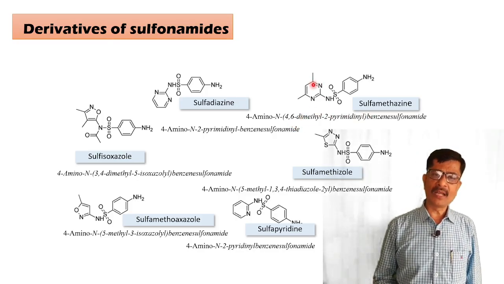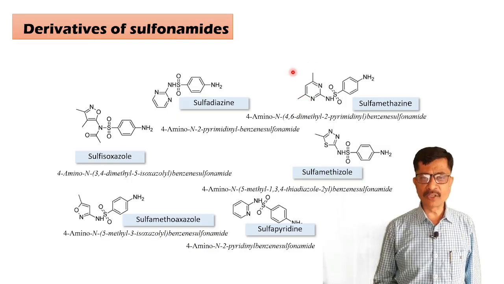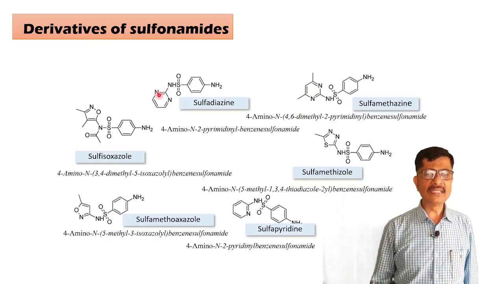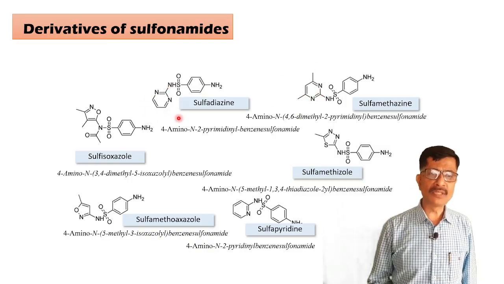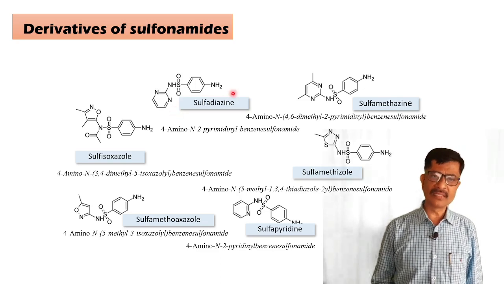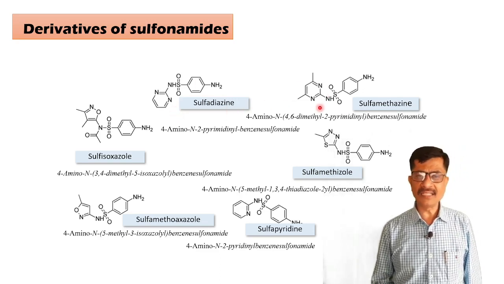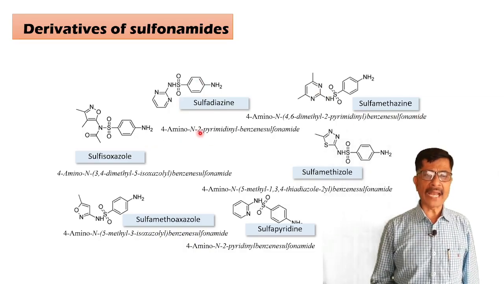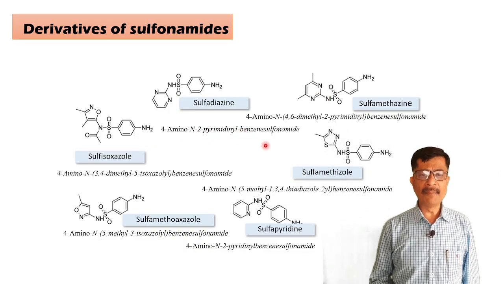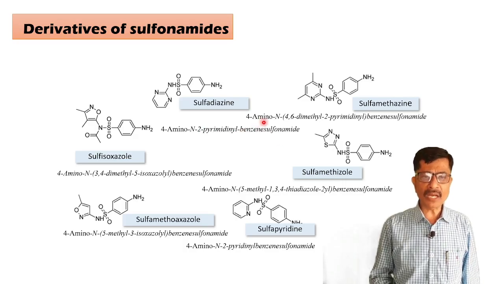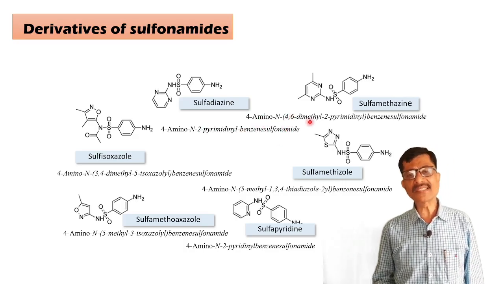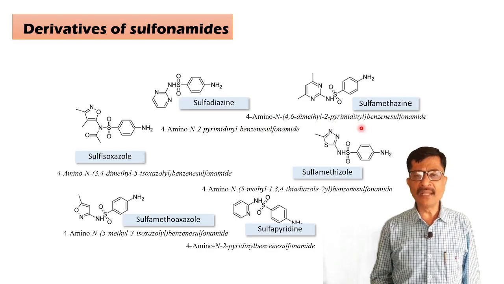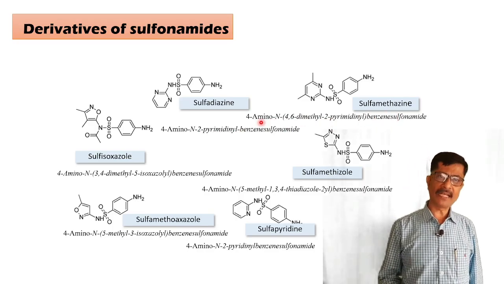At 4 and 6 position, 2 methyl groups are substituted, whereas there is an unsubstituted pyrimidine nucleus. So this is a structural difference between sulfadiazine and sulfamethazine. Look at the chemical names. 4-amino N2 pyrimidinyl benzene sulfonamide, whereas it is 4-amino N 4,6-dimethyl 2-pyrimidinyl benzene sulfonamide, right?